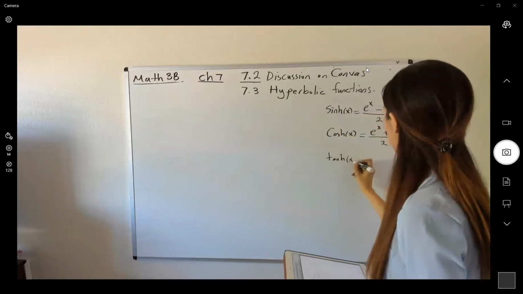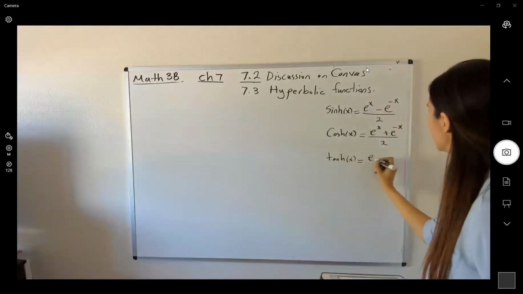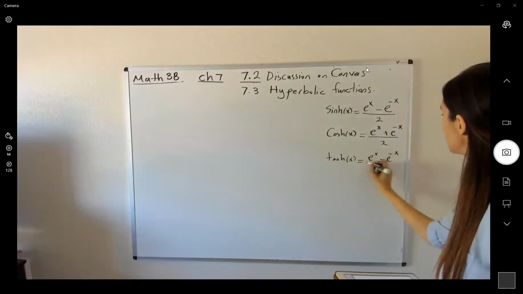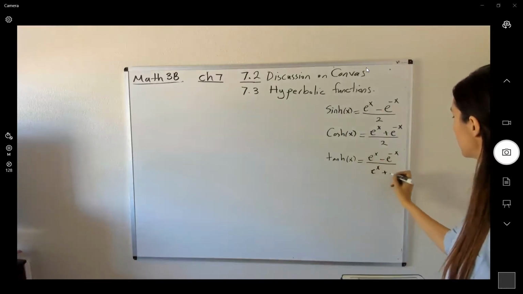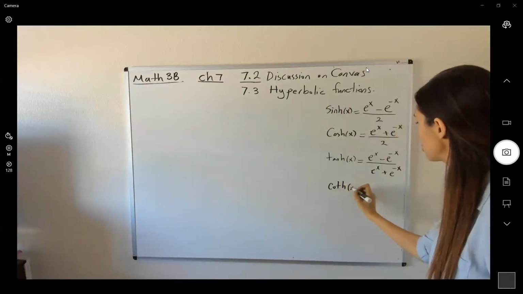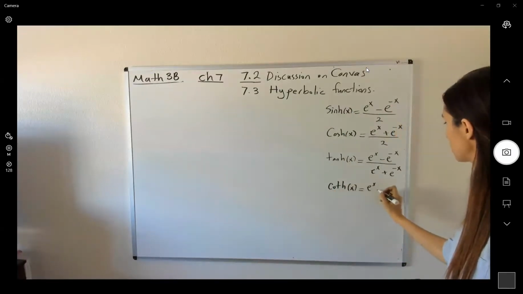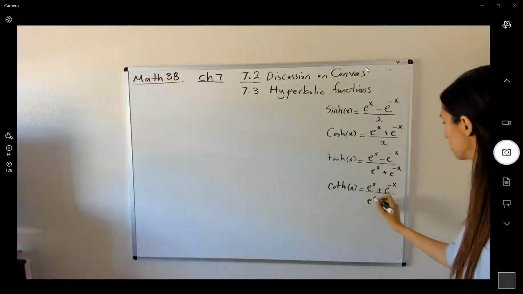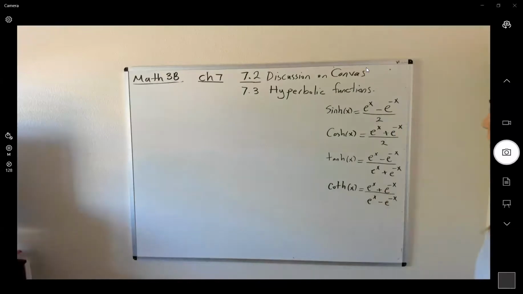Hyperbolic tangent, we get e to the x minus e to minus x divided by e to the x plus e to minus x. And hyperbolic cotangent is e to the x plus e to minus x divided by e to the x minus e to minus x.